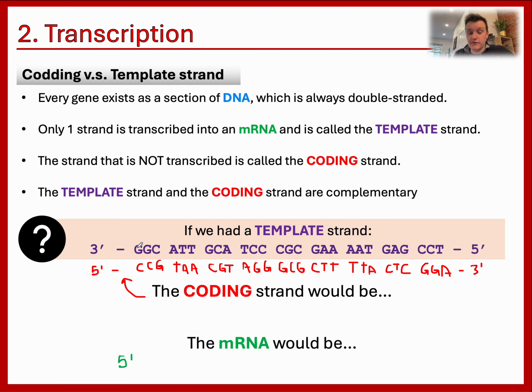There's a G over here, right? And so if I was making my mRNA transcript, it would bind with a C, right? That would be my first letter of my mRNA. Then it would be C, then it would be G, then there's an A here, right?